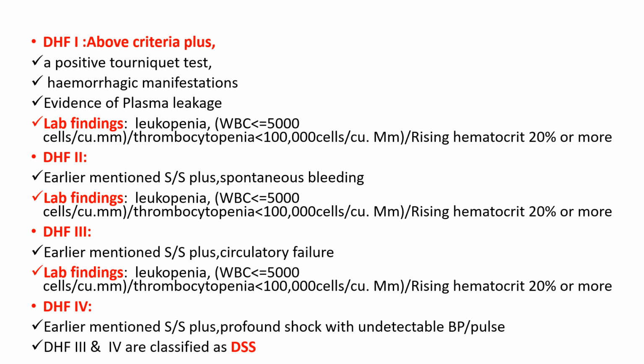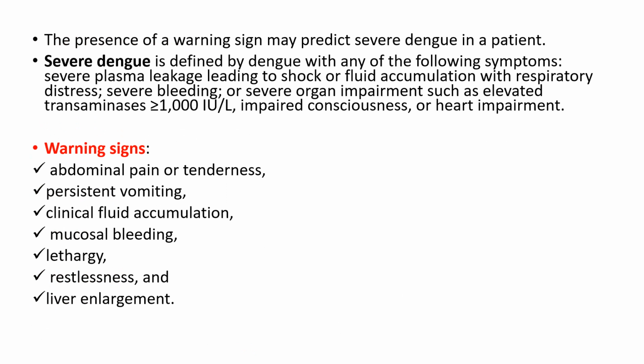So dengue hemorrhagic fever 3 and 4, as I have mentioned already, are classified as dengue shock syndrome. So depending on what your problem card is saying to you, you check those clinical or lab findings or whatever parameters are given, classify accordingly, and mention the management based on that.